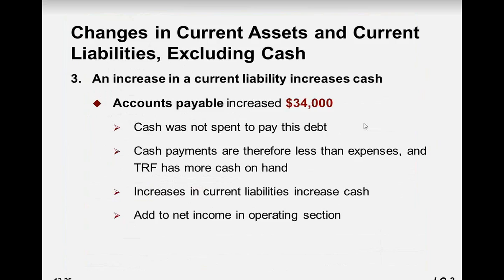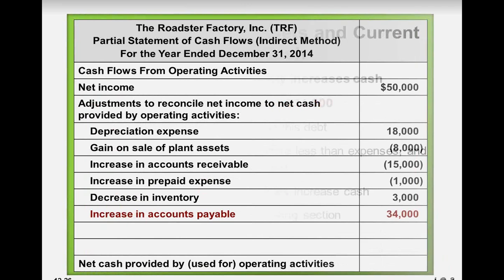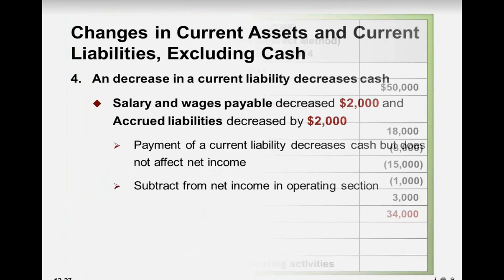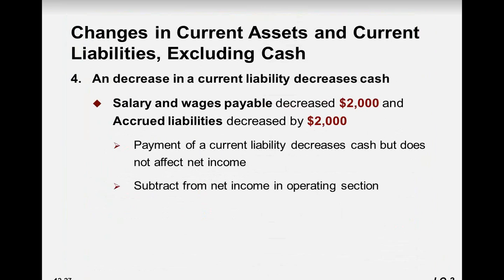In this case, accounts payable increased by $34,000. That means we have not yet spent out the cash. It's still in our bank accounts. That's an increase of $34,000. And we had salaries and wages decreased by $2,000 and accrued liabilities decreased by $2,000.